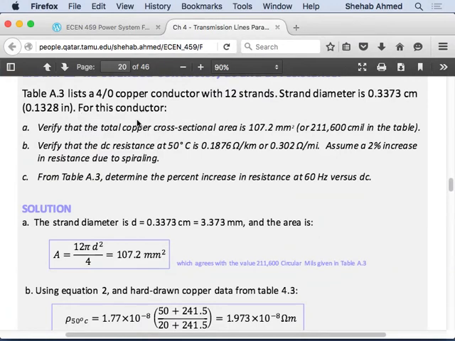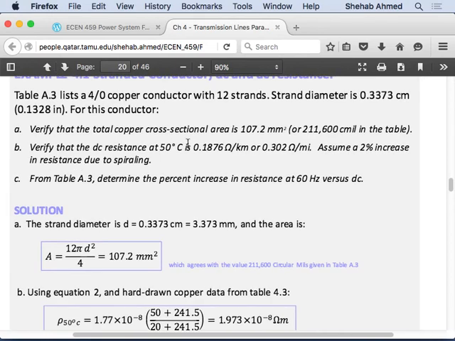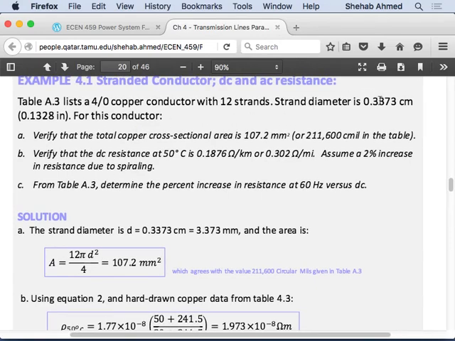Okay, so verify that the total copper cross-sectional area is so and so. How would you do that? If they're giving you the diameter of each strand, and they're telling you that it's copper, you would go to the diameter of the strand, calculate the area, and multiply by the number of strands, right?